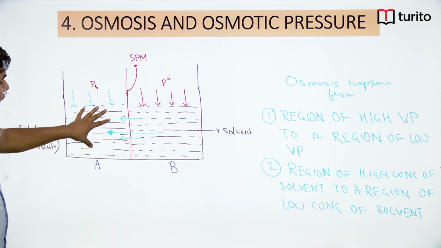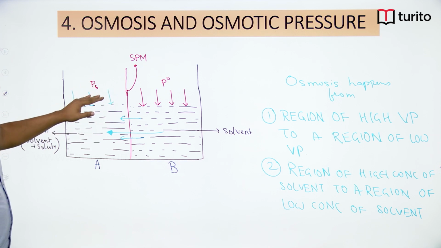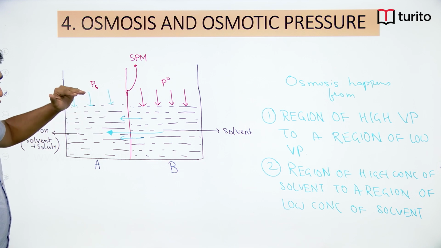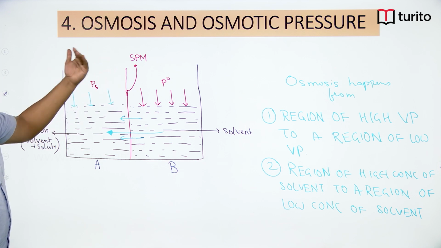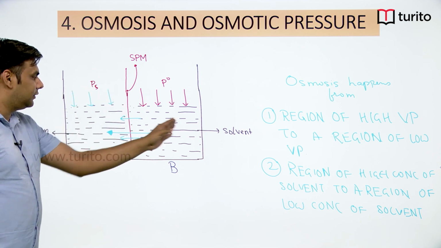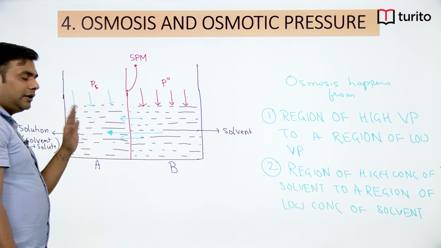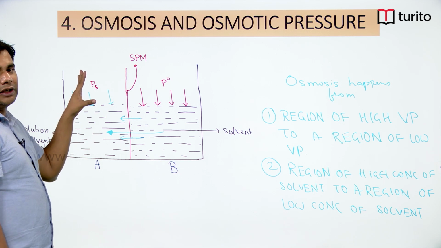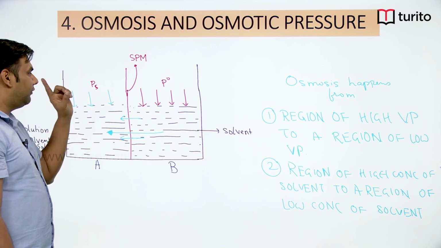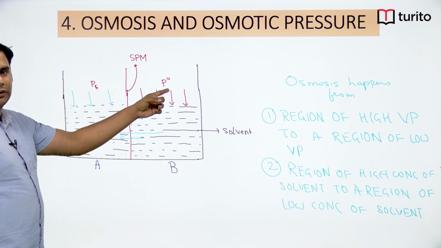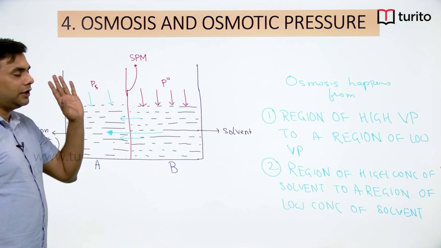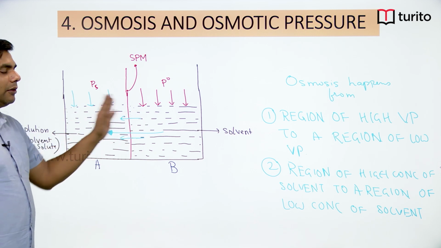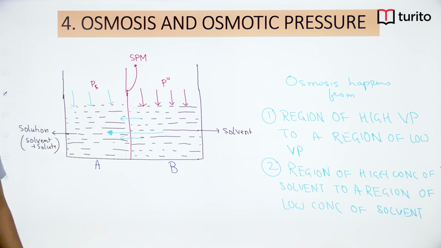Now because more solvent would come over here, the surface will have more solvent particles, so the number of particles escaping out would increase, so the vapor pressure would increase. So as the solvent keeps on moving over here, the solution becomes dilute and the vapor pressure keeps on increasing. So at the time when the vapor pressure becomes equal to this, the osmosis would stop. Okay, so osmosis would stop when the vapor pressure over the two solutions becomes same.